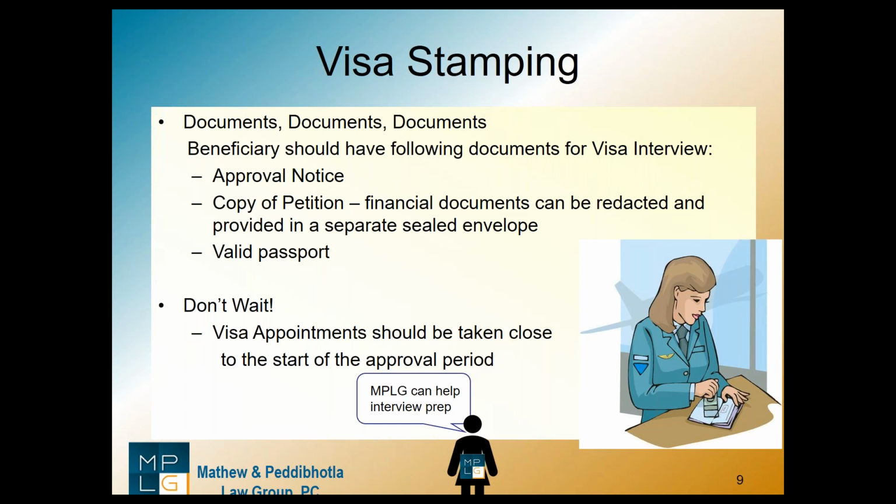So if you already have employees with approvals, please instruct them to go for stamping now. If you do not have approvals yet and they're still in processing, then upon the approval, if they need to go for consular processing, they should schedule themselves for appointments shortly thereafter. And if you have any issues, please contact us directly with your specific questions.